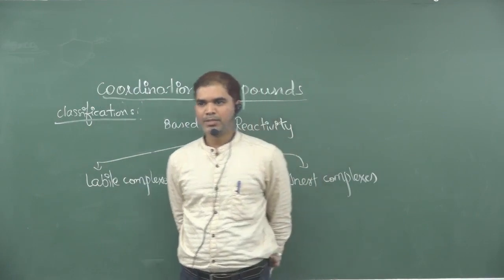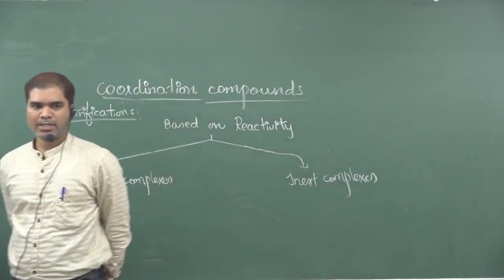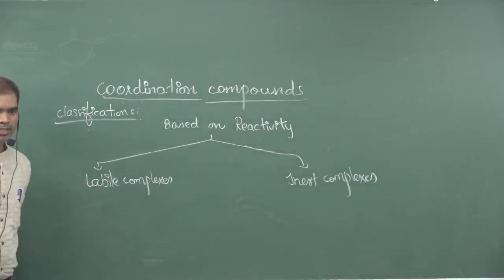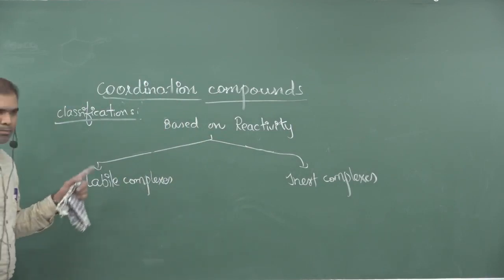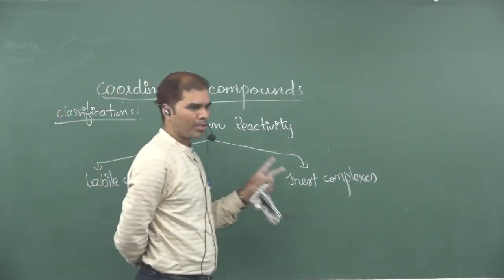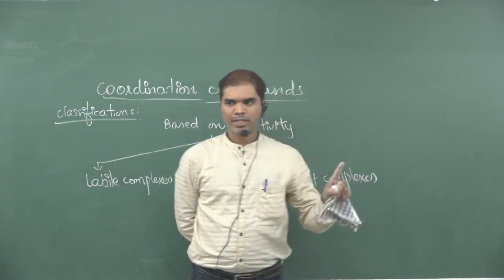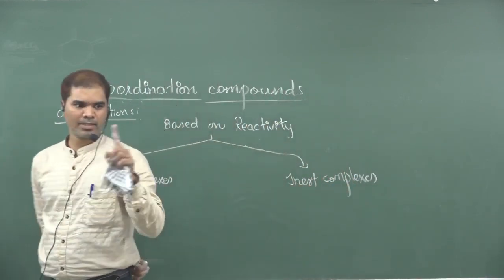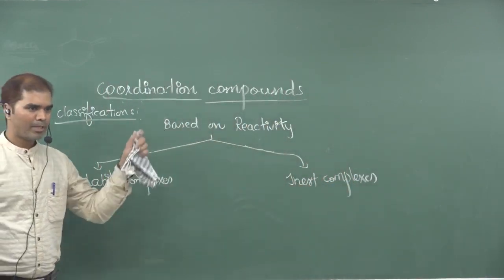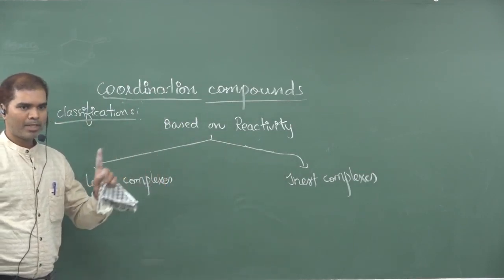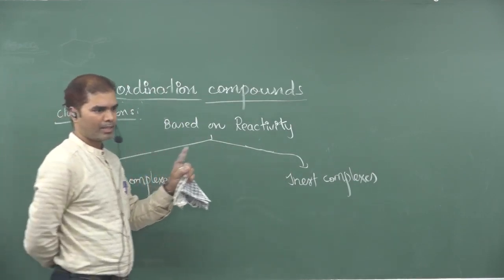Thermodynamics is always related to stability and instability, whereas kinetics is related to the speed of the reaction. Suppose the reaction is occurring and the product has formed. Let the product be stable or unstable, but what is the time of the reaction? Did it take 1 minute or 1 hour? You might get the same product, but the time might be high.